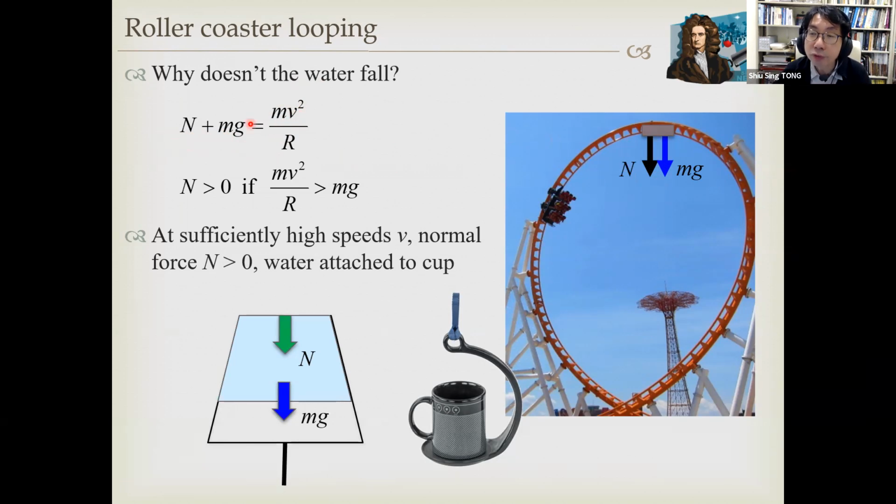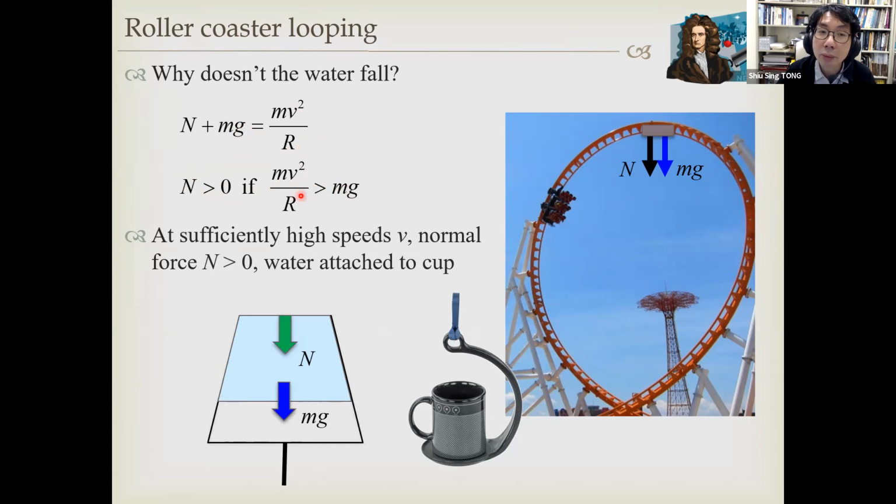Now let us move this equation a little bit. Let us move the term mg to the right. So the normal force will become mv squared over r minus mg. And you can see that the normal force will always be greater than 0 if mv squared over r is larger than mg.